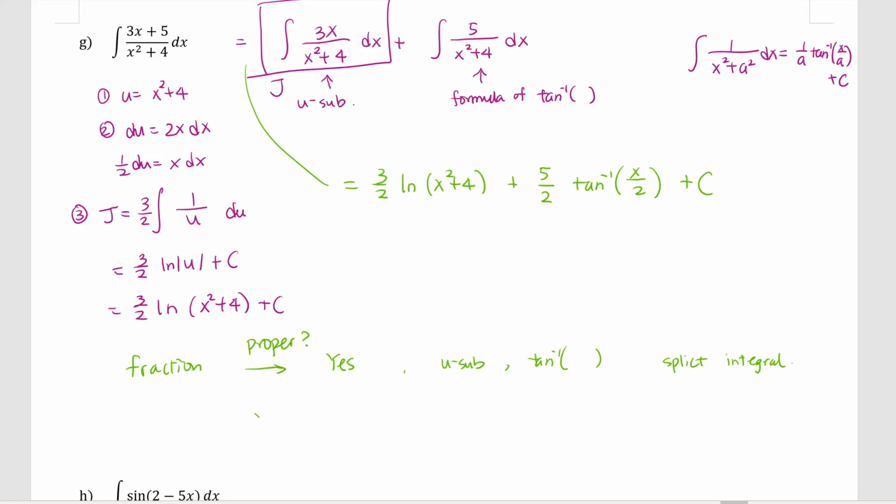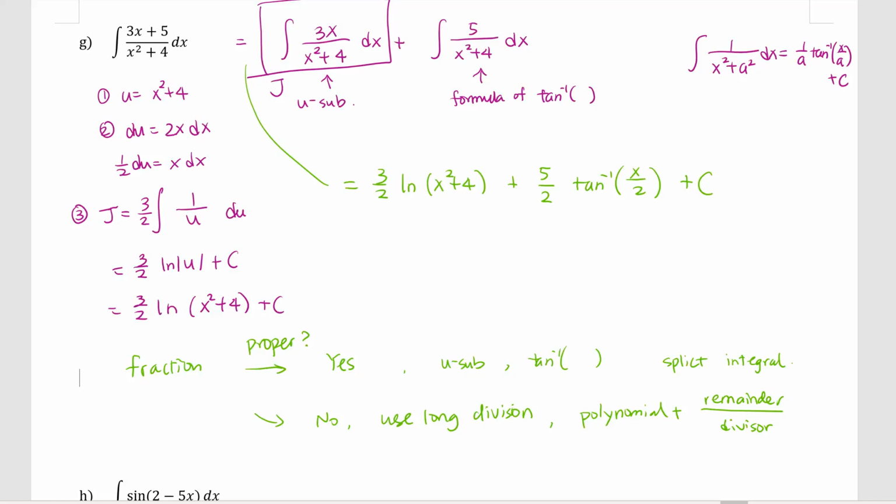Okay, and if it's not proper, use long division first, so that you can express the quotient in terms of a polynomial plus the remainder over the divisor.